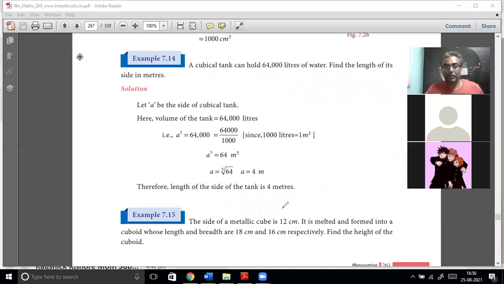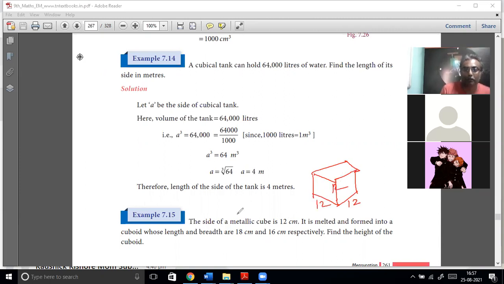Now, the side of a metallic cube is 12 centimeter. It is melted and formed into a cuboid whose length and breadth are 18 and 16 centimeter. Find the height of the cuboid. Here is a very good sum: one form is converted into another form. What is the side? 12, 12, 12.